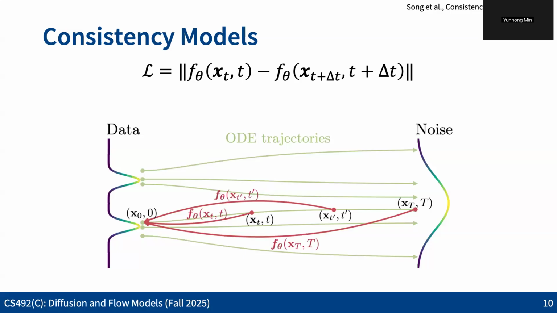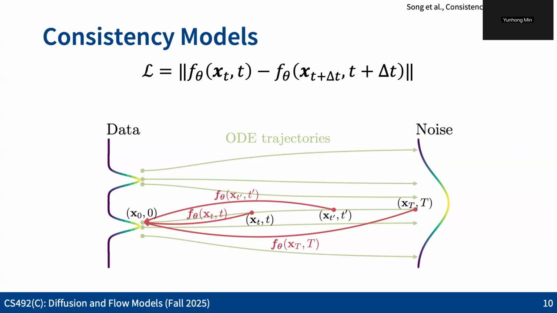The basic idea for the consistency model is that for all the points along this trajectory, we want to foresee the final output from the earlier stage of the trajectory. So we make the expectation of the final output at the earlier point close to the expectation of the final output at the later point.